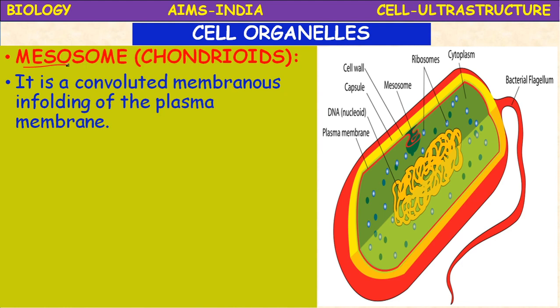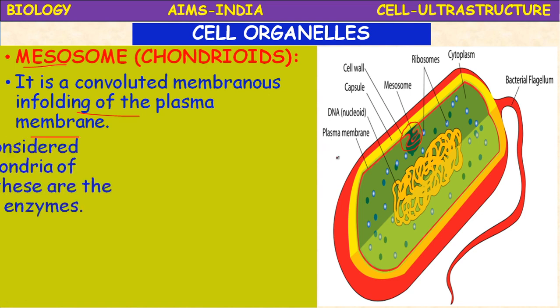It is a convoluted membranous infolding of the plasma membrane in bacteria or prokaryotes. See, this plasma membrane is folded, so it is forming a structure called a mesosome. It is a convoluted membranous infolding of the plasma membrane present in bacteria.